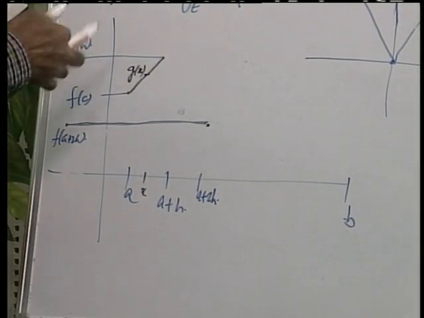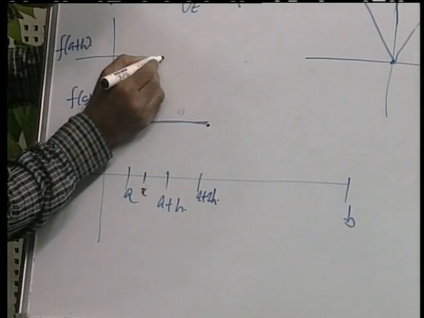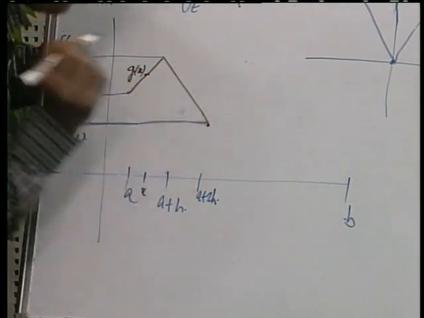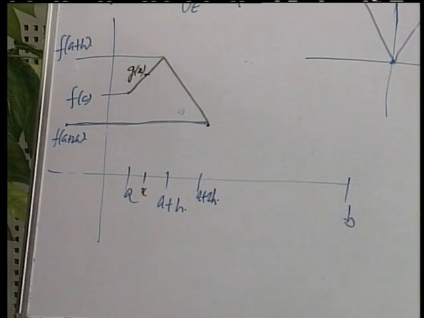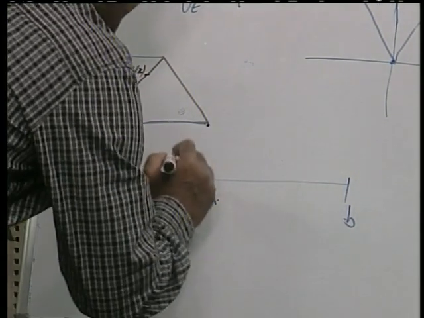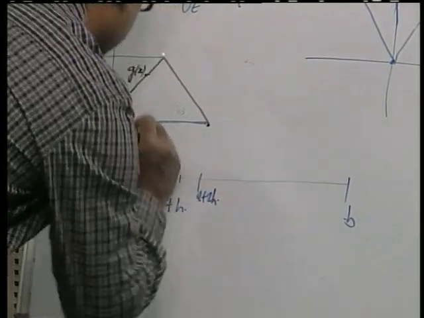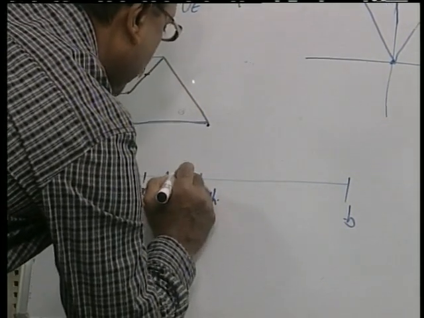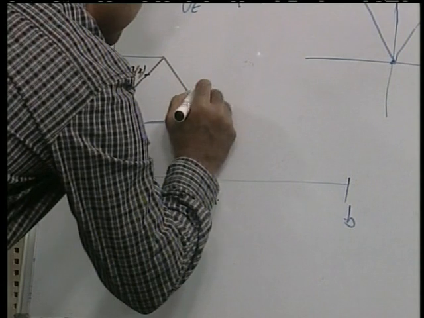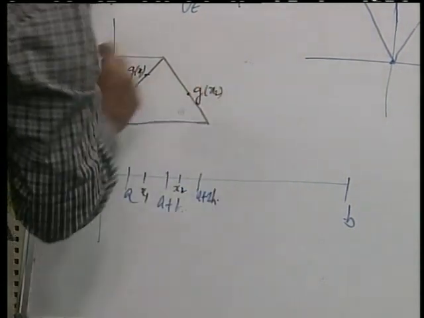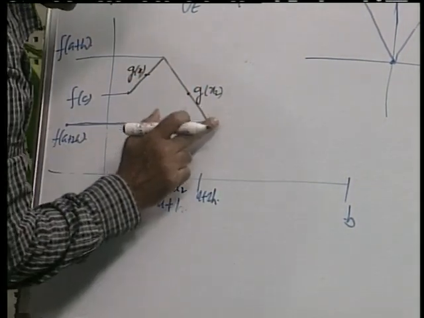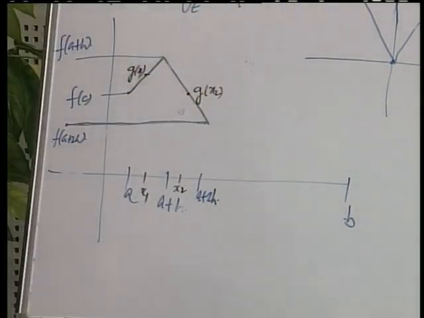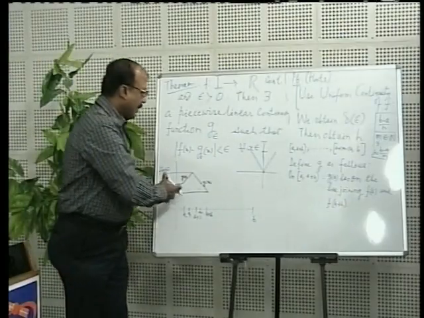Now you just drop it down, from a plus h to a plus 2h. Now take any point here, call it x1, this is g of x1. Take x2, this is my g of x2. So this is how g is traveling, and this is how we obtain g.